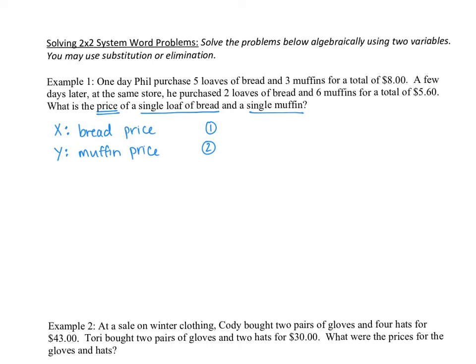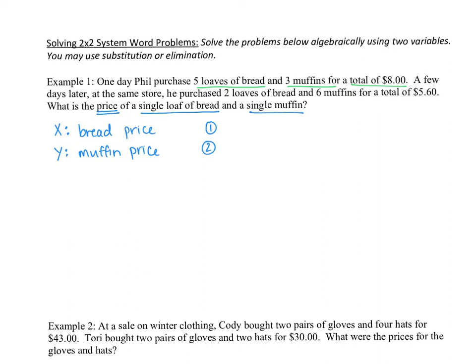But in this case here, what we need to do is look back and see what Philip did. So Phil purchased 5 loaves of bread. That seems important. He purchased 5 loaves of bread and 3 muffins on the first day that add up to a total of $8.